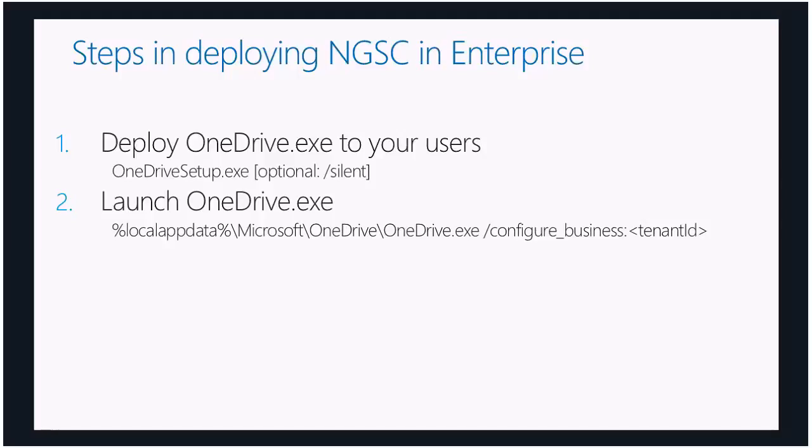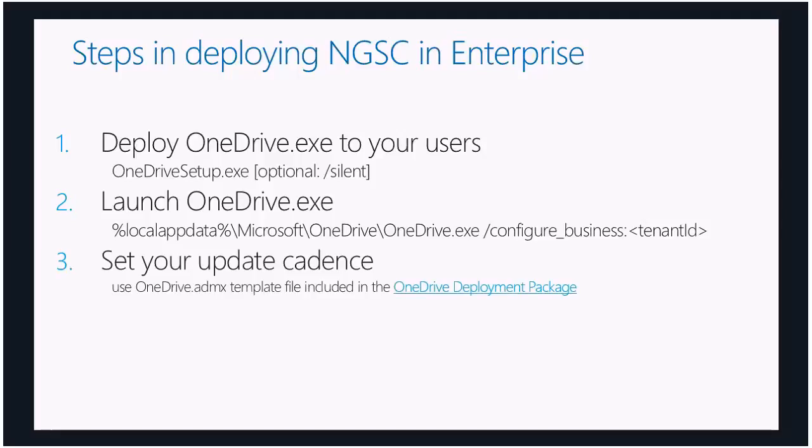So after you launch the OneDrive, the end user should be able to choose exactly which OneDrive to be installed into their client. And the last one, we can use the ADMX template.